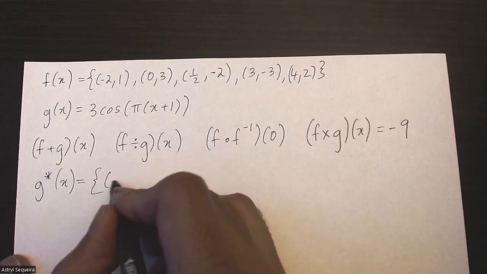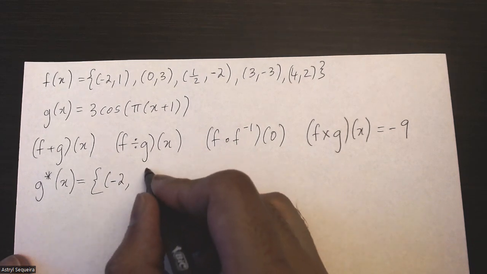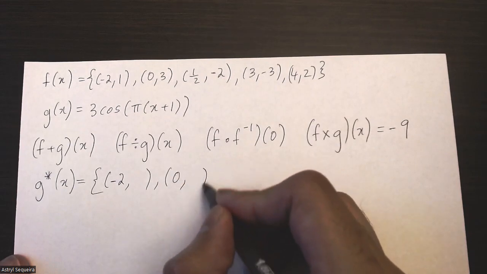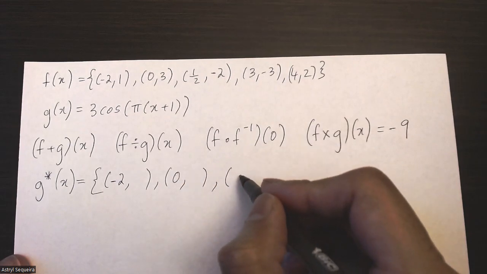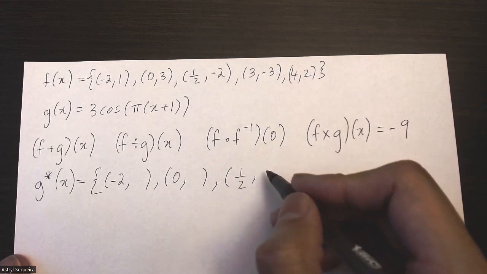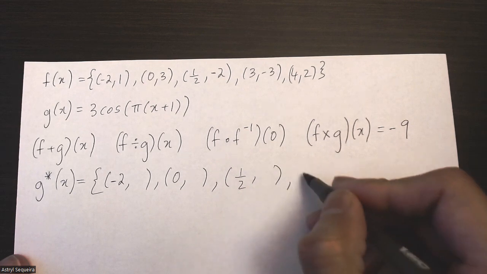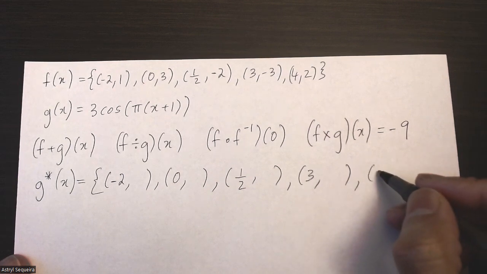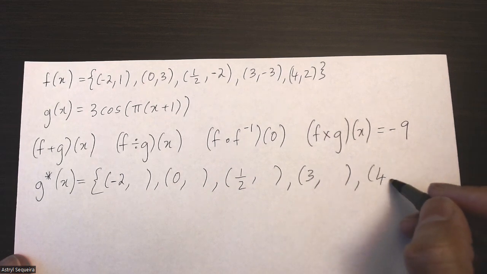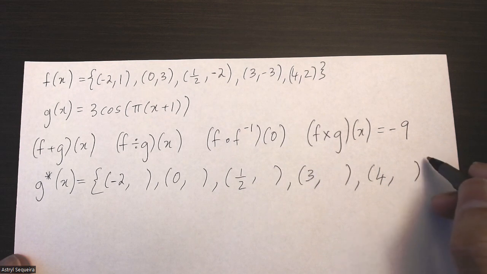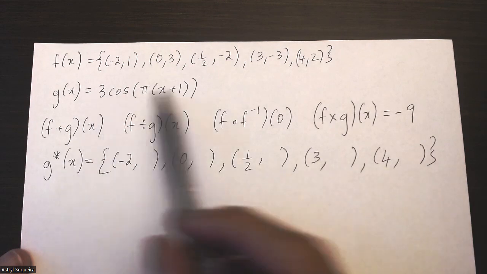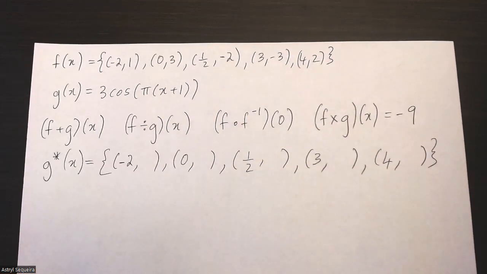Okay, so I know the x values are all going to be identical, so I'm just going to copy down all the x values from there. And now to find the y values, I'm just going to sub in these x values into this cosine function. So I'll do that in my calculator.